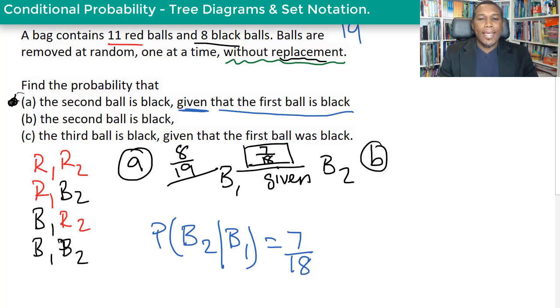We got B, and for B, it's the second is black. So to work on B, I'm going to take a more traditional approach. It's not a conditional probability, so traditional, straightforward approaches would work. Second is black. It's either I get red and then I get black, so this is one possibility for B. And then the other possibility, black and black.